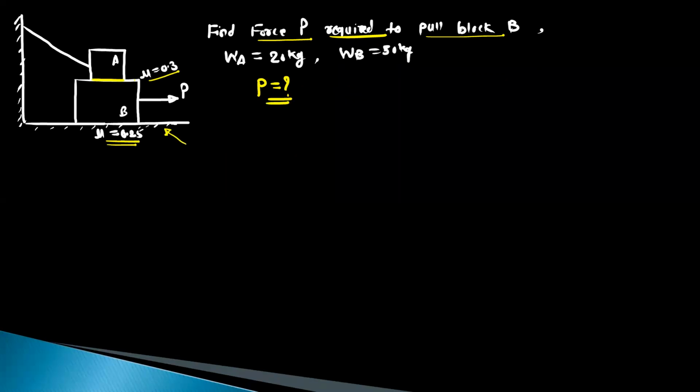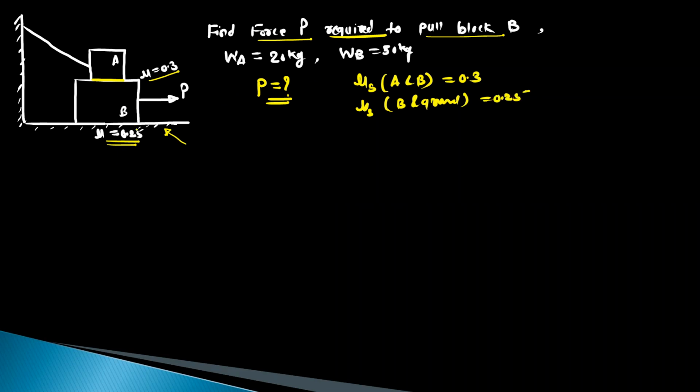These two coefficients are static coefficients of friction. So mu S for A and B is equal to 0.3, and mu S for B and ground is equal to 0.25.